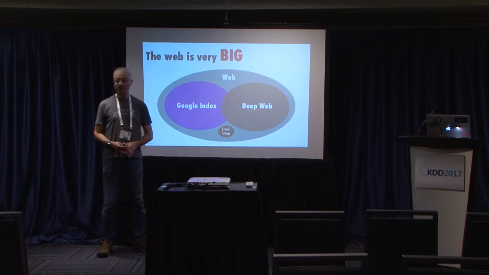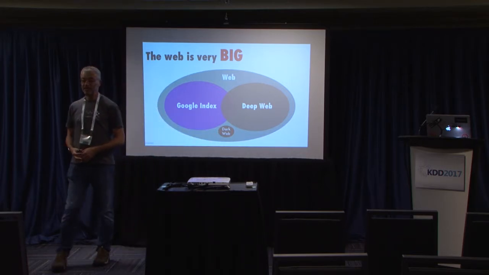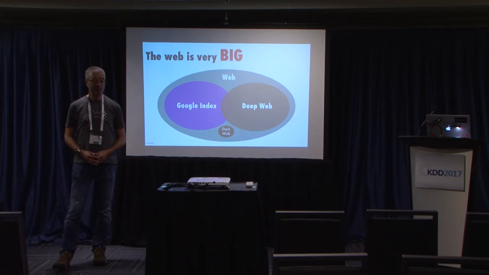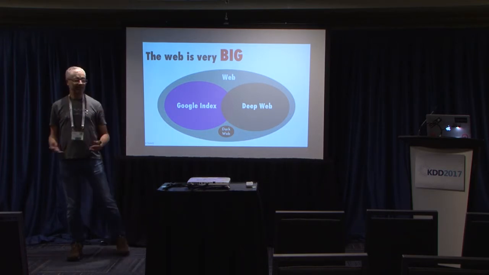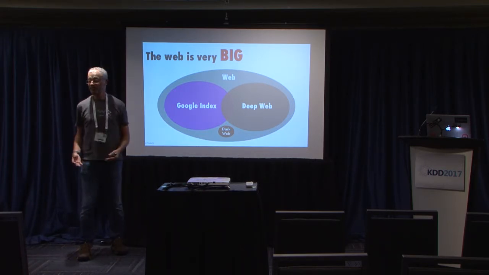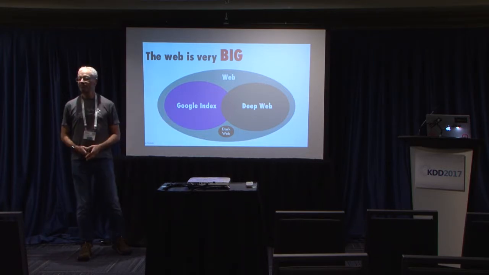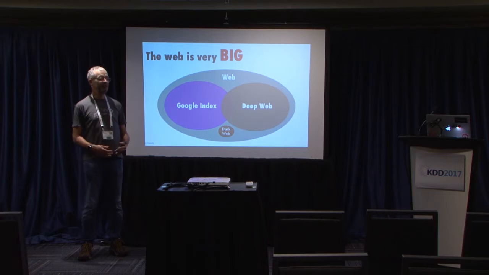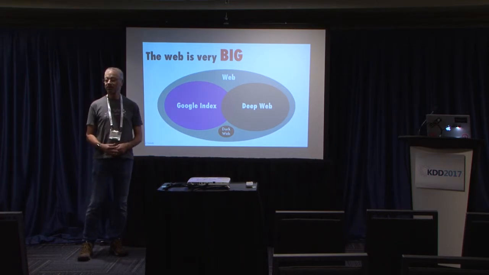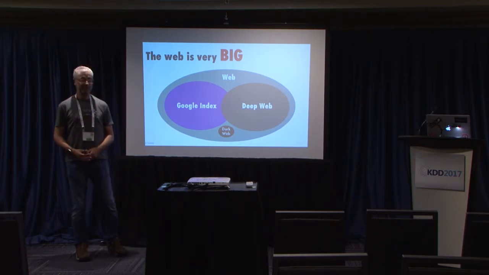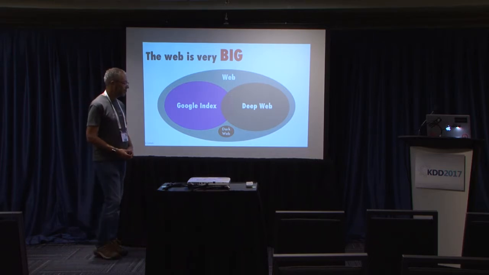And so there's all kinds of good things to the dark web, like people in countries where the government is clamping down on information, they can safely provide information to the world in the dark web without the government figuring out who they are.